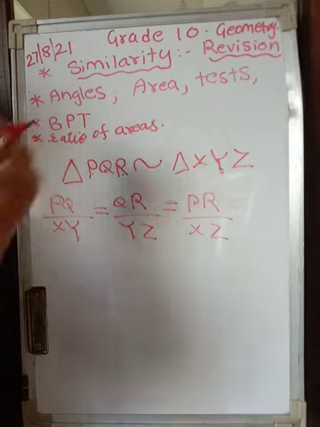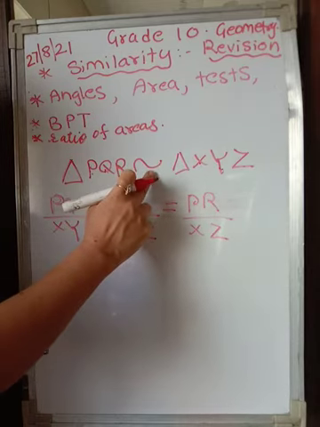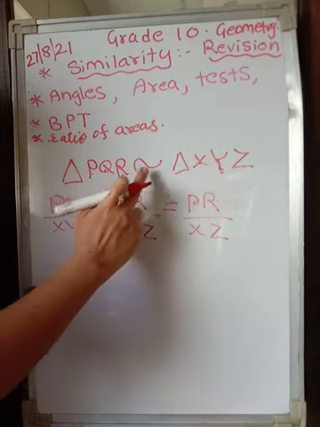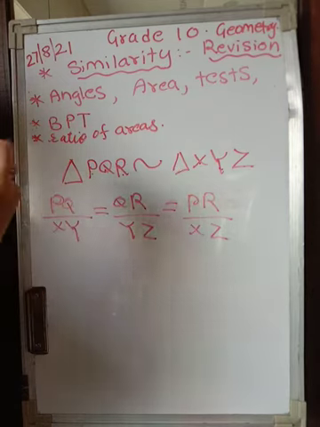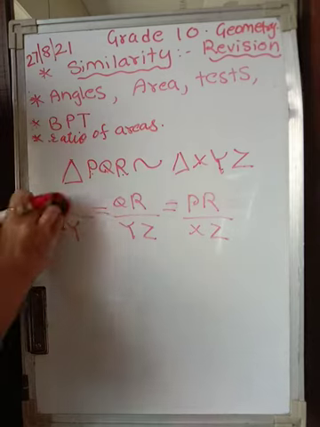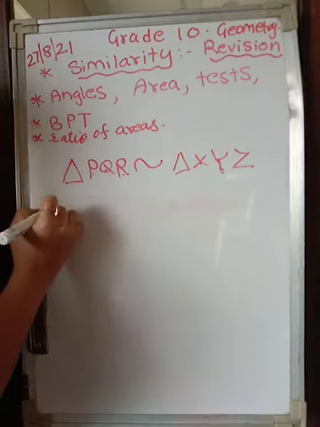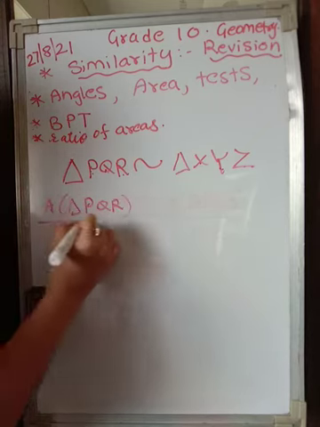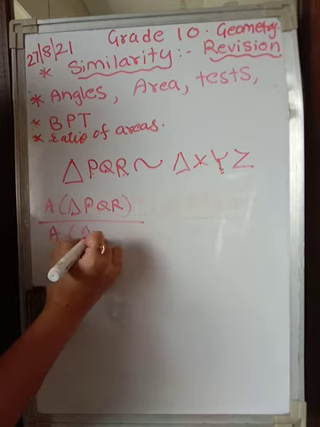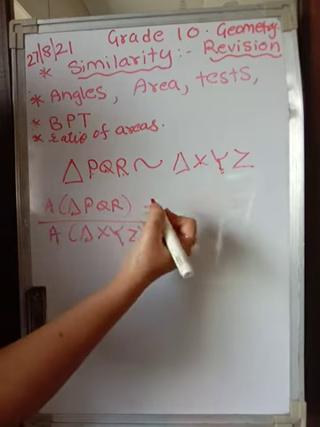Now let us see about the area. I have told you, if the triangles are similar, remember very well, then the ratio of their areas is equal to the ratio of the squares of their sides. So what can you write in this case? For example, area of triangle PQR upon area of triangle XYZ will be equal to the square of corresponding sides.